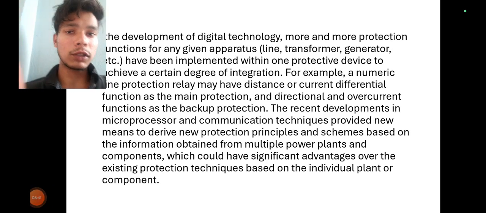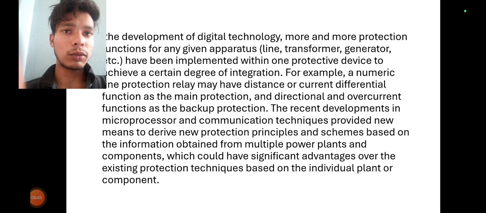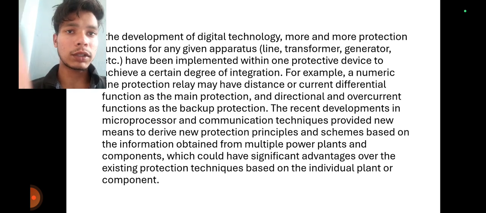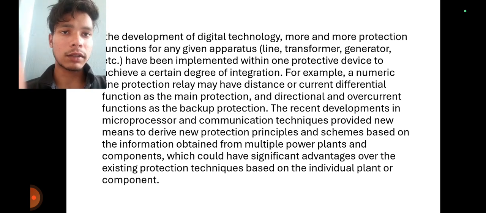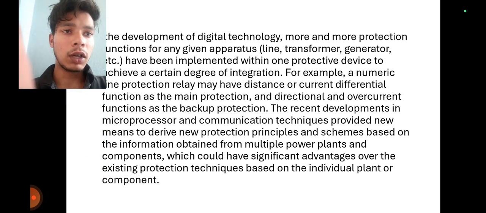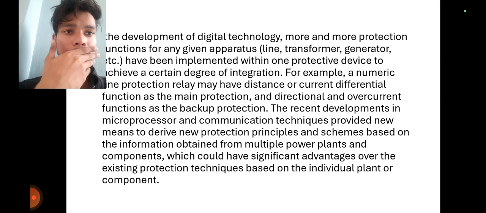With the development of digital technology, more and more protection functions for any given operators, line, transformer, generator, etc., have been implemented within one protective device to achieve a certain degree of integration. For example, a numeric line protection relay may have distance or current differential function as the main protection, and the directional and overcurrent functions as the backup protection.